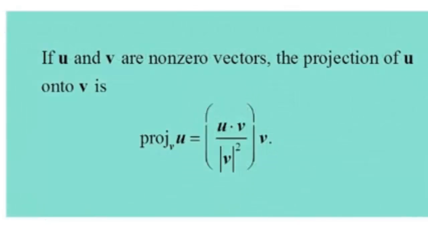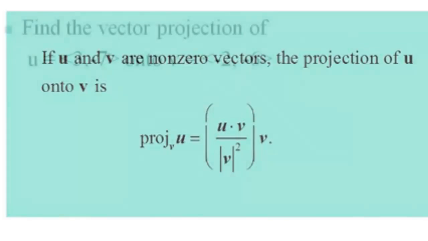And here's the mathematical formula. Assuming that u and v are non-zero vectors, the projection of u onto v is the dot product of u and v divided by the magnitude of v squared, and all of that is multiplied by the vector v.